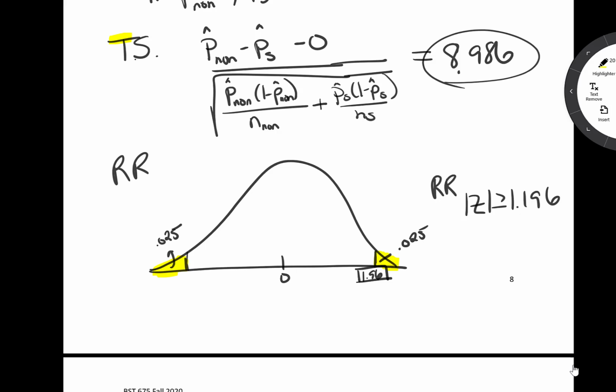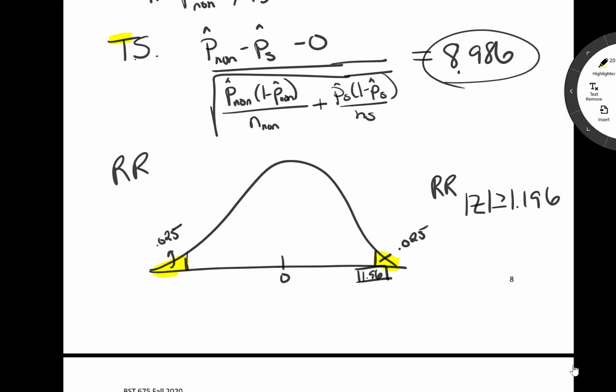And so in terms of our conclusion, at the 5% significance level, we have enough evidence to conclude the proportion of smokers who agree with the tax differs from the proportion of non-smokers who agree with the tax. Notice how I'm wording the conclusion is no different than if we had used a p-value.